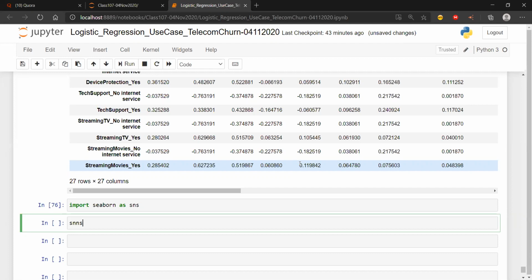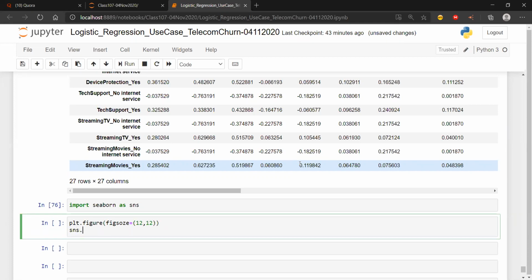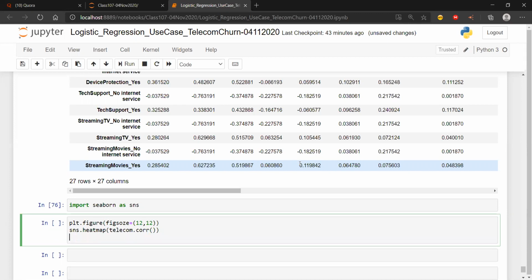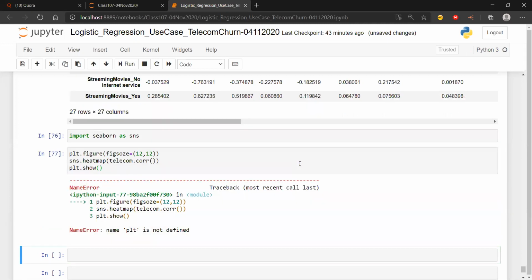So I'm going to do plt.figure, with figsize equal to 12 comma 12, and then I'm going to say sns.heatmap, and inside this I'm going to say telecom.corr(), and then plt.show().